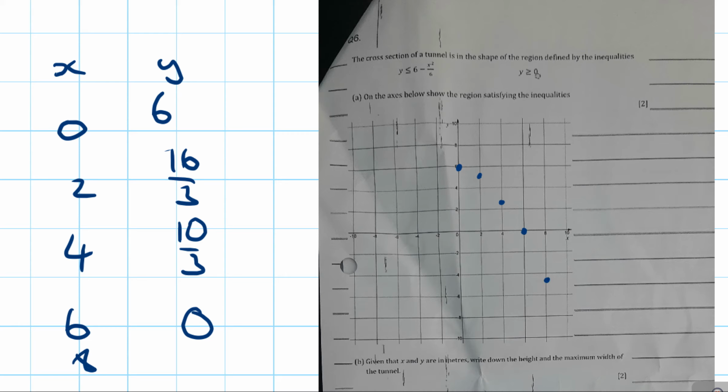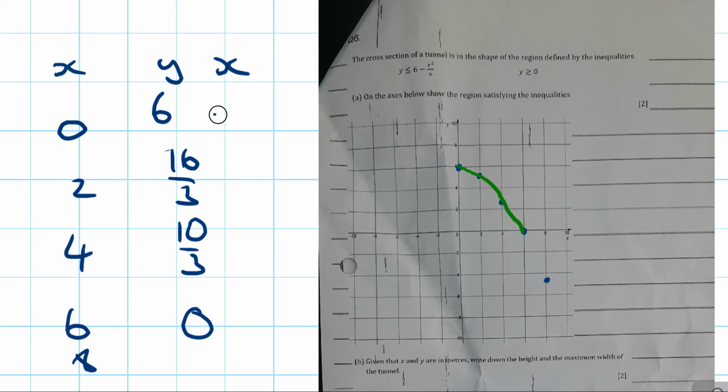Now, we know that y has to be greater than or equal to 0, so we don't need to worry about that. So in our first instance here, we are only interested in x values up to 6. And in the next section, we've also got the negative values we need to check.